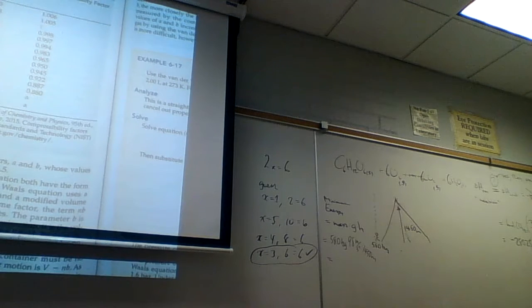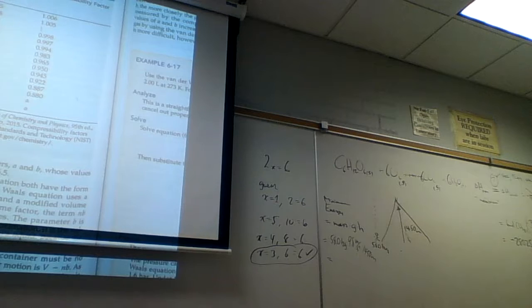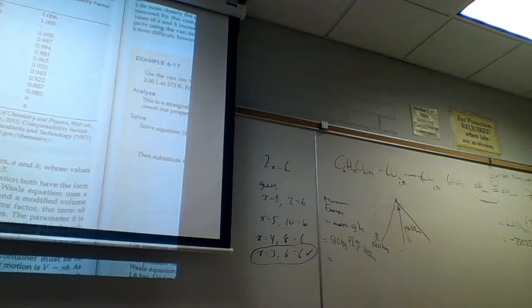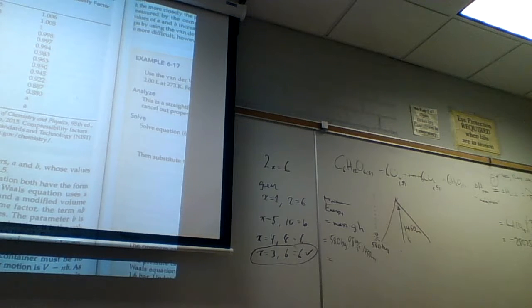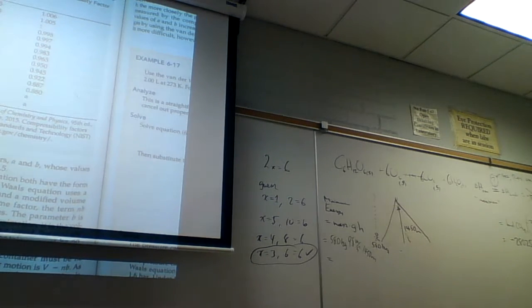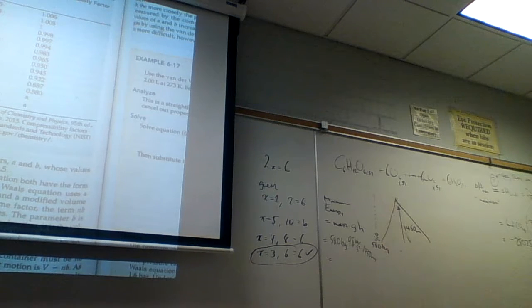If we look at the table, these are A's, and A's are going to be different depending on the gas. So if you look, hydrogen and helium, actually helium has a very low A. And so if it has a very low A, that means it has a very small correction, and that means helium behaves the most ideally in terms of A. What's the worst?